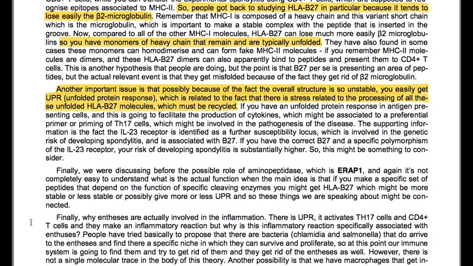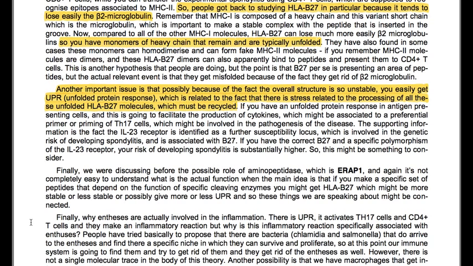Now, compared to all of the other MHC1 molecules, HLA-B27 can lose beta-2 microglobulin much more easily, so you have monomers of heavy chain that remain and are typically unfolded. They have also found in some cases that these monomers can homodimerize and can form fake MHC2 molecules.